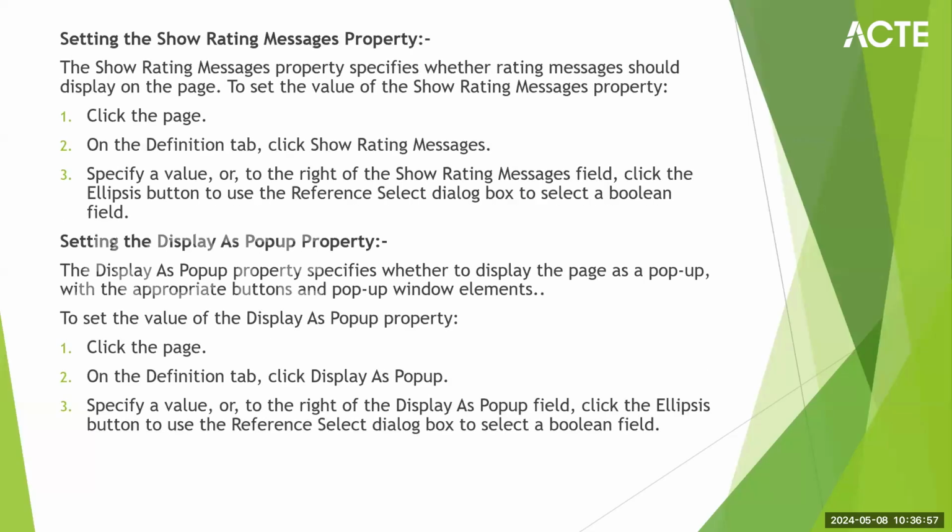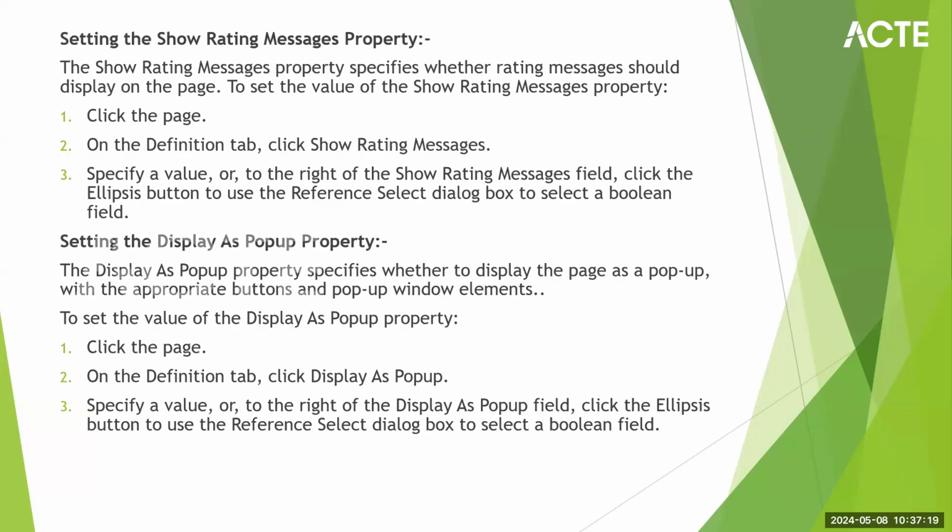Show rating message: when rating is displayed, in rating screens we have some messages which are displayed on the UI. For those messages to display on the UI, how do you set it? Click on the page, on the definition tab, click show rating messages, specify a value, or map the correct respondent field which already exists in your manuscript.